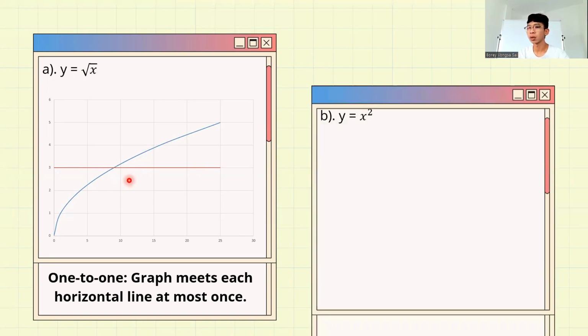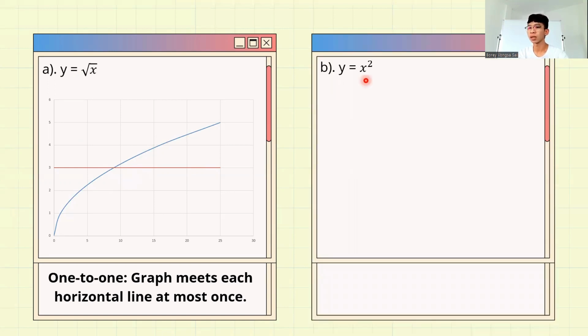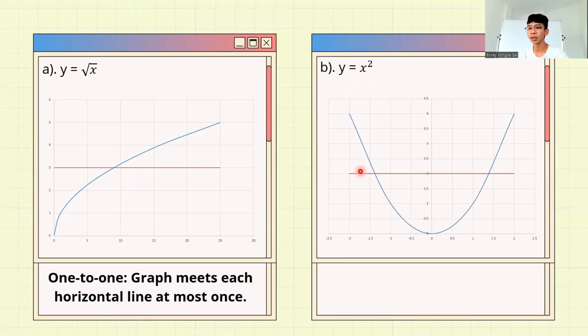And now let's take a look at a function that is not one-to-one. Here we have the graph, and when we compare it to the other, we can see that here we have only one intersection point between the graph and the horizontal line, but right here we have an intersection point, and another one is right here.